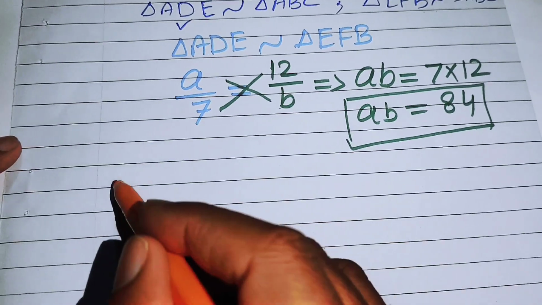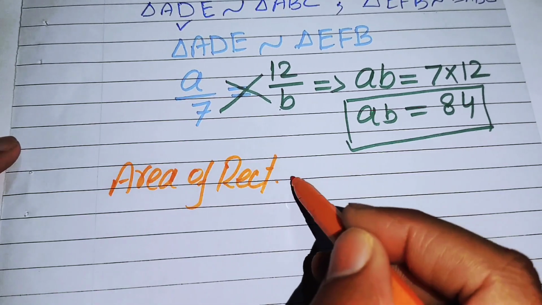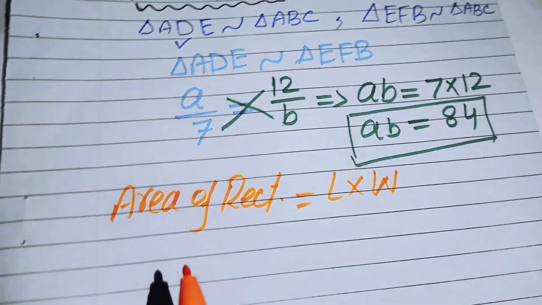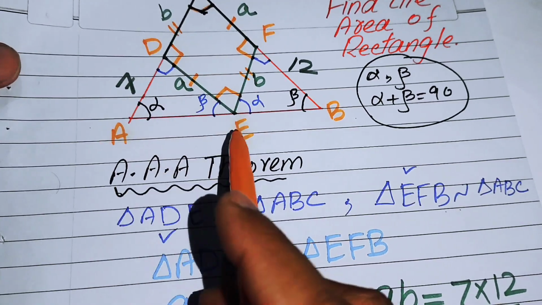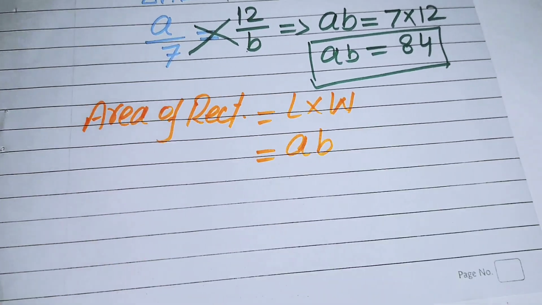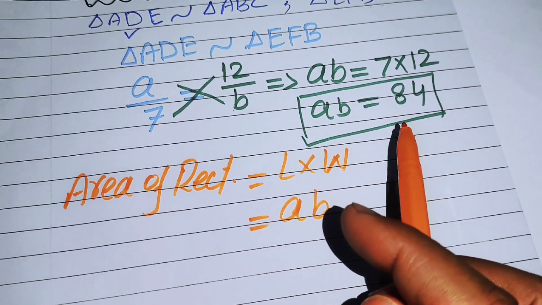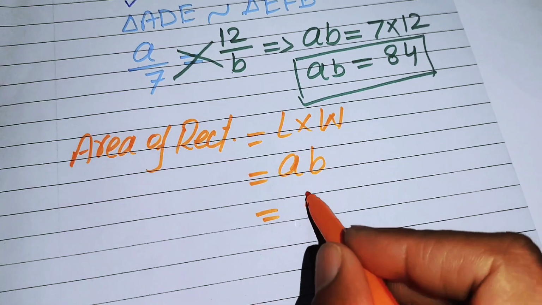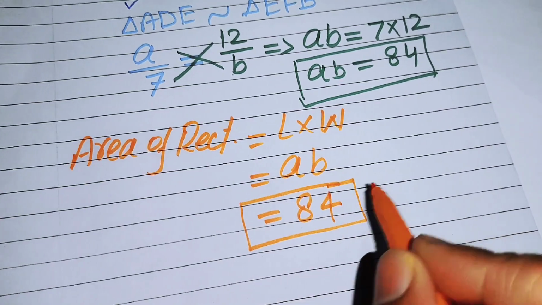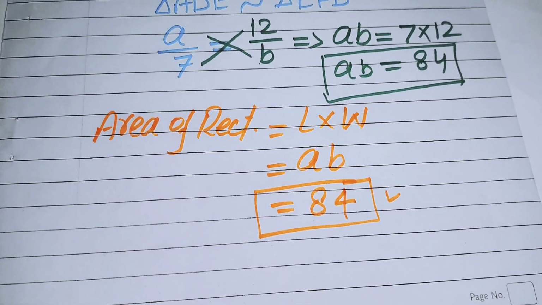The formula for the area of a rectangle is length multiplied by width. The length of this rectangle is A and the width is B, so the area equals A times B. We found that AB equals 84, so we substitute AB equals 84. This is our required area of the rectangle DEFC, and this is the final answer to this question.